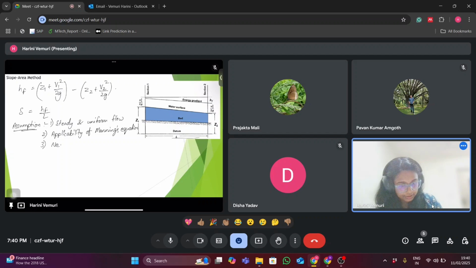We neglect sediment transport, so it is applicable to open channels.